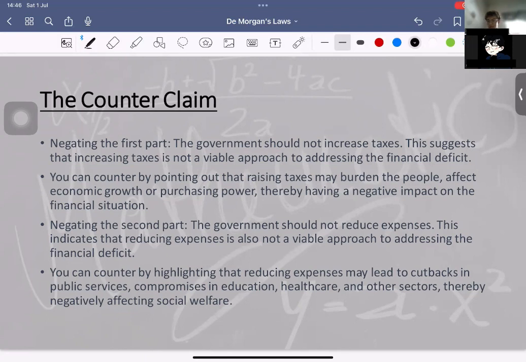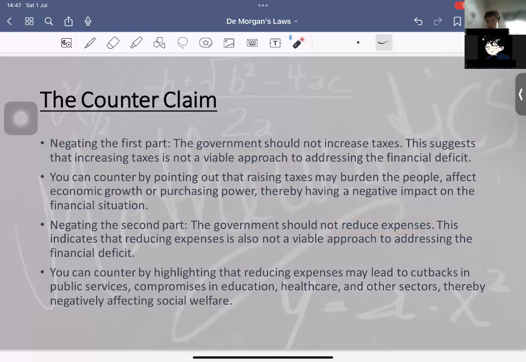You can counter by pointing out that raising tax may burden the people, economic growth or purchasing power, thereby having a negative impact on the financial situation. If you are negating the second part, the government should not reduce expenses.